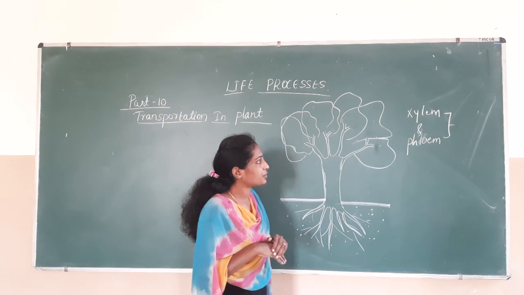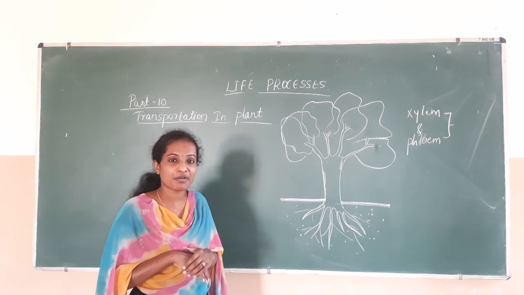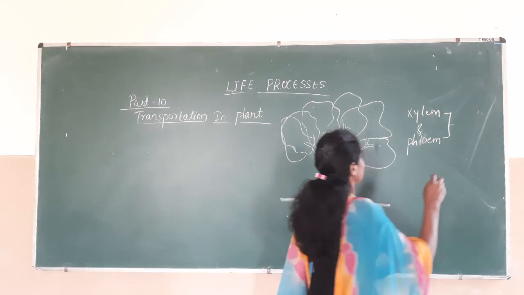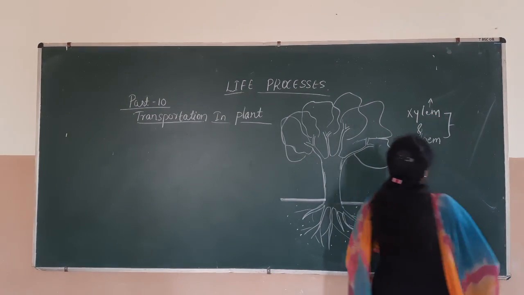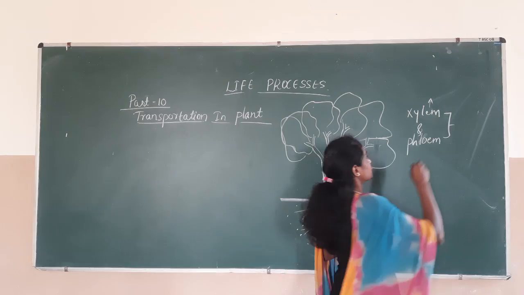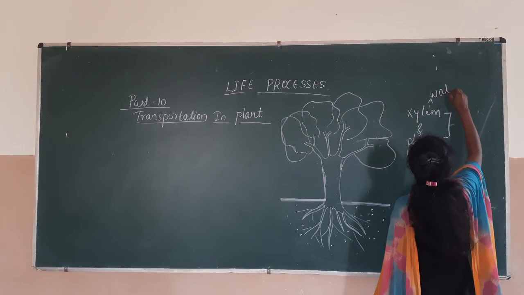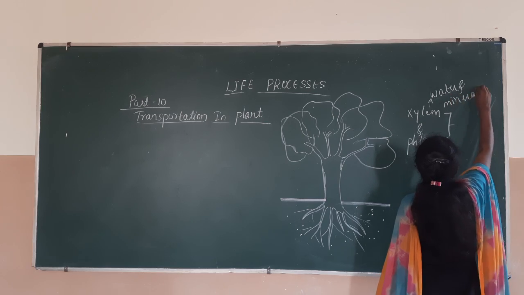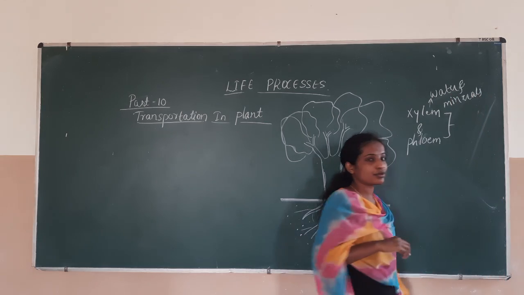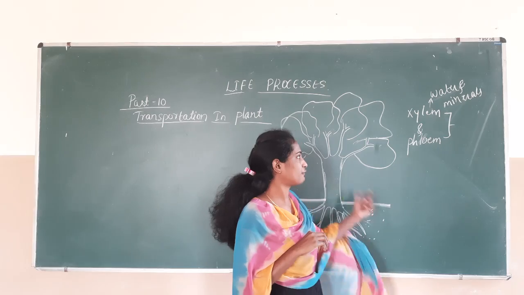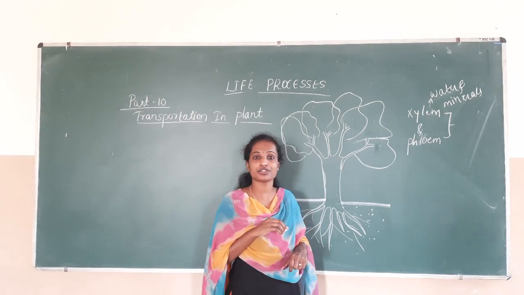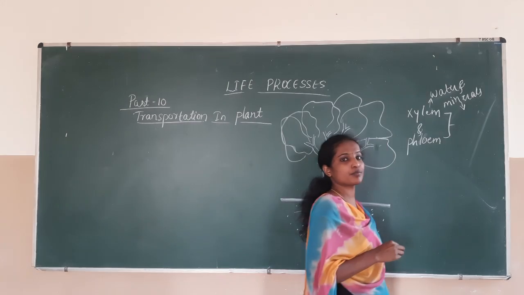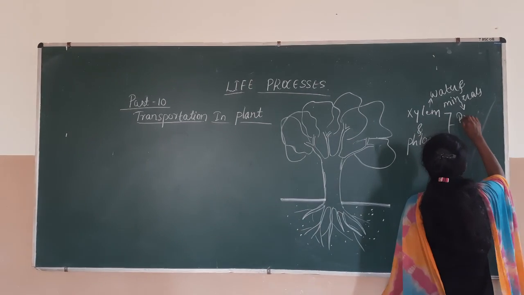These complex permanent tissues are responsible for the transport of water as well as food material. Xylem is the complex permanent tissue which transports water and minerals. The transport of water and minerals in the plant body takes place by the permanent tissue xylem, through the structures in the plant body called roots.